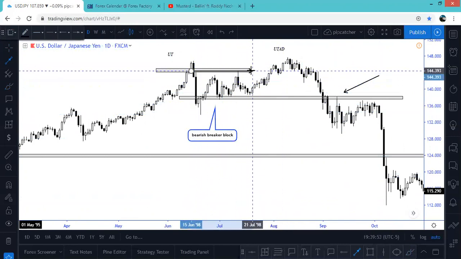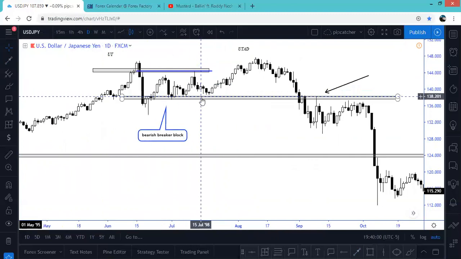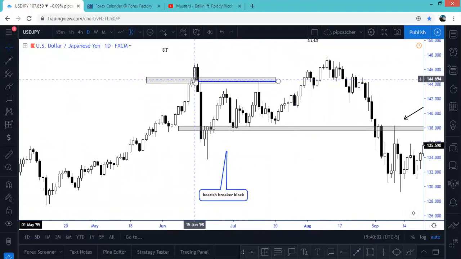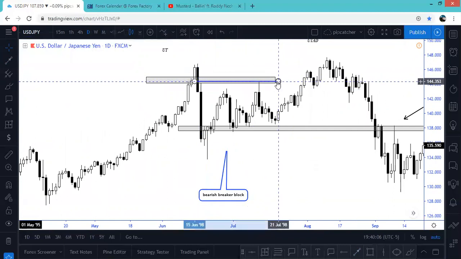So if I take that last up candle before the down move right here, you see this last up candle and then it engulfs right here.